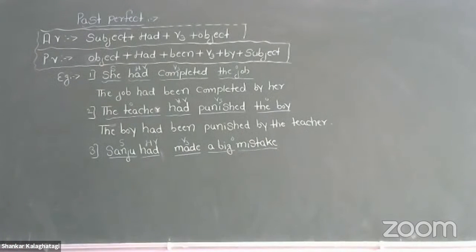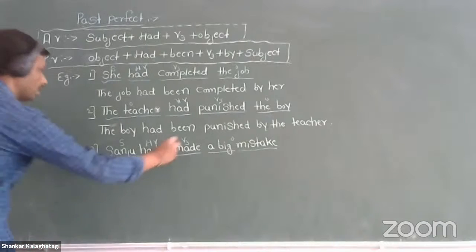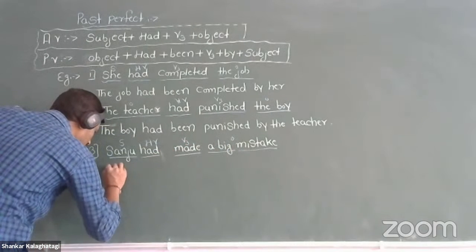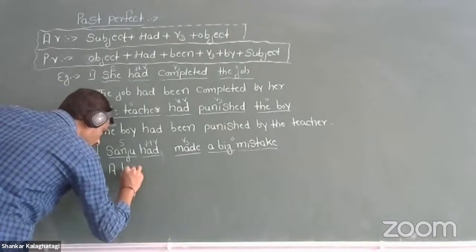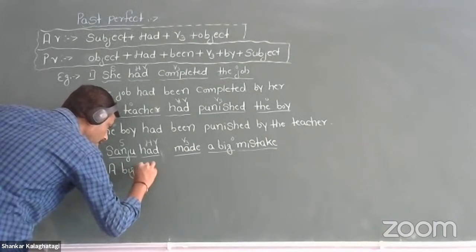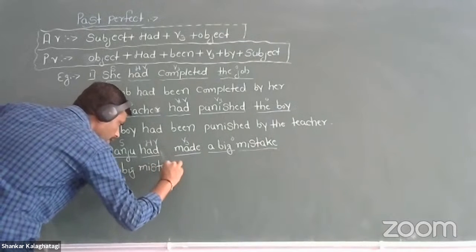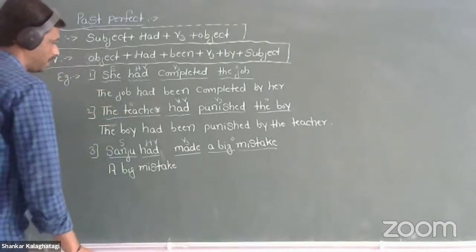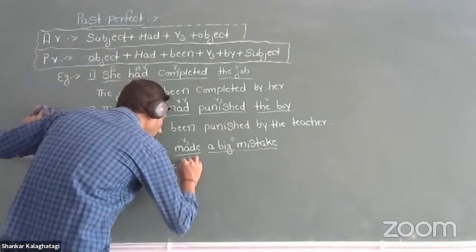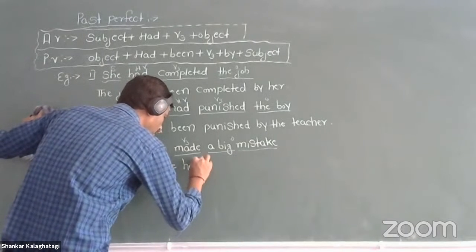A big mistake had been made by Sanju. Simple. That is what we have tried. A big mistake. Now had is there, helping verb is had.